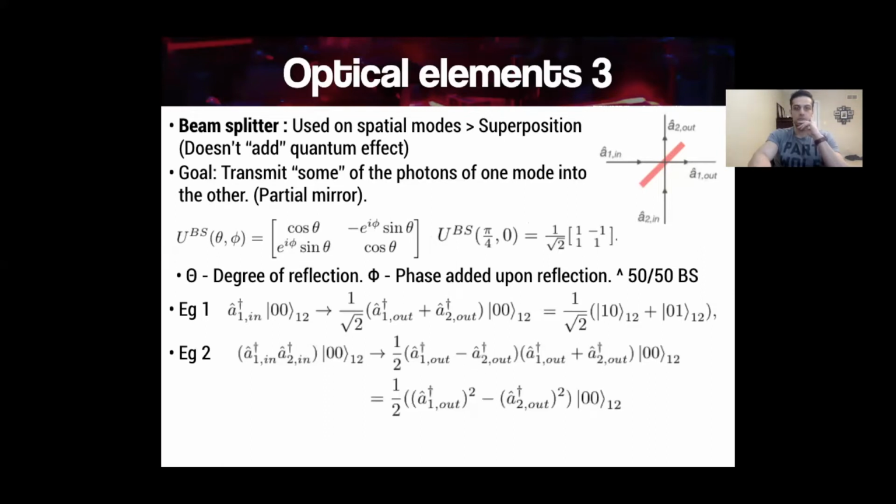So you go through and expand this out. It's a difference of squares. What you find is that you either have two photons in the first mode or two photons in the second mode. Just kind of interesting. They come in one on each, and they go through the beam splitter, and now they both have to be together. It's like a cute little love story of photons. And this is the Hong-Ou-Mandel effect.